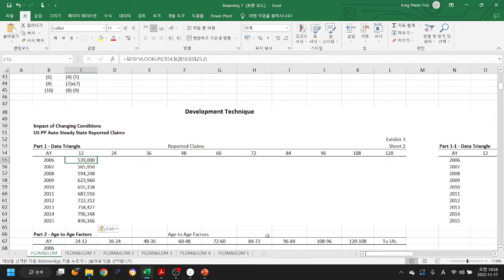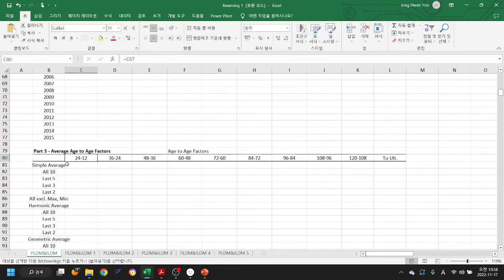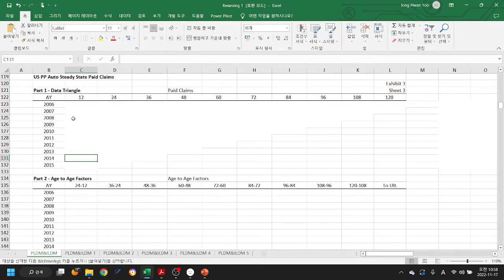This is a little bit different from what you do to estimate the IBNR. I already know everything, the ultimate loss, and I'm creating the reported loss based on it. You can probably do it that way. And also, I can create the paid loss triangle.